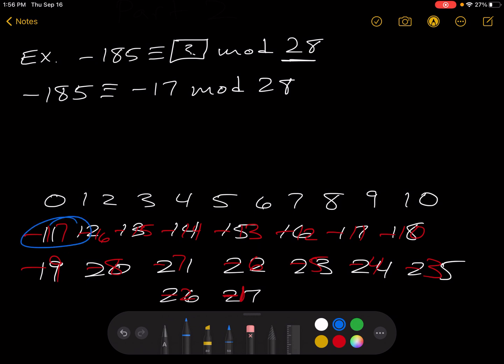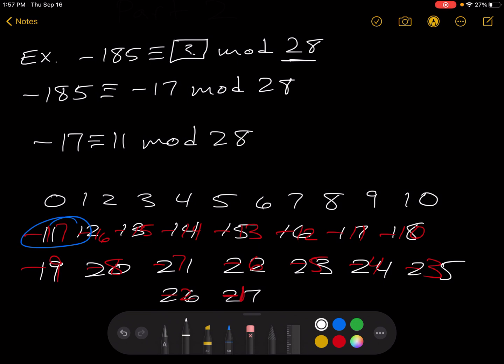So that tells me that negative 17 is congruent to 11 mod 28.